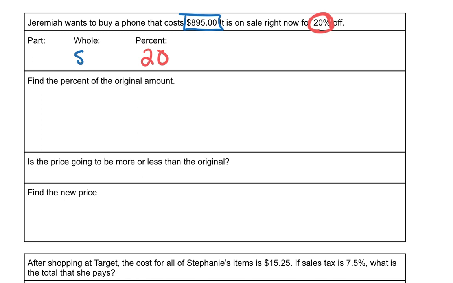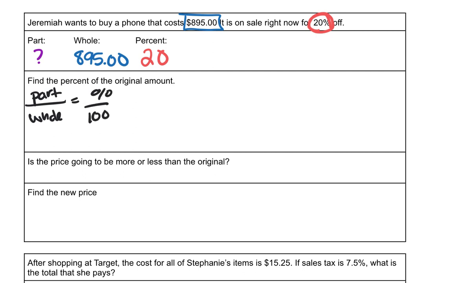That's the total, so this is the whole. Which means that we do not know what the part is. So we're looking for 20% of 895. Remember that our setup is that the part over the whole equals the percent over 100.